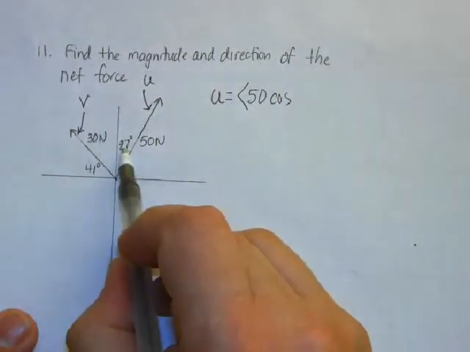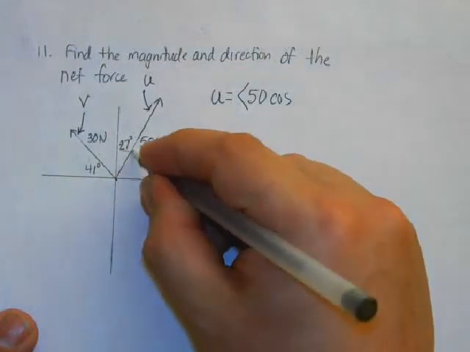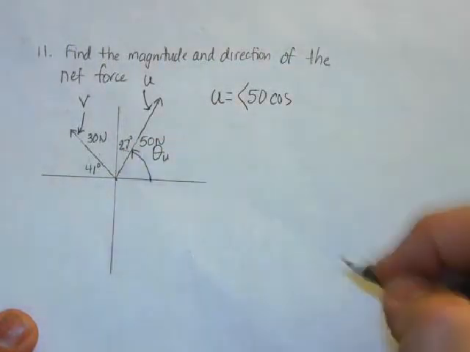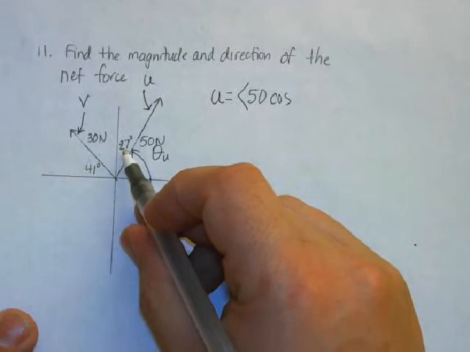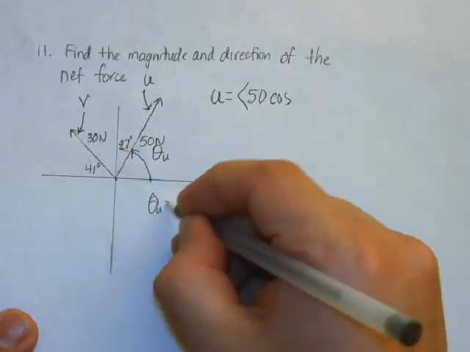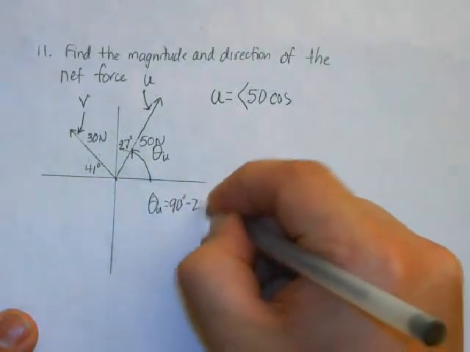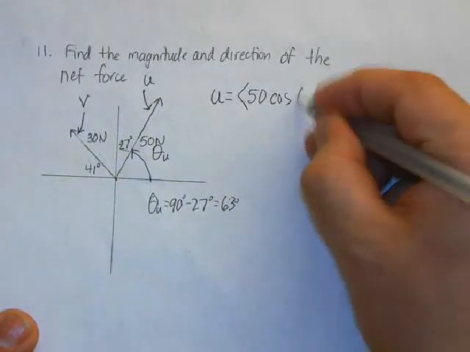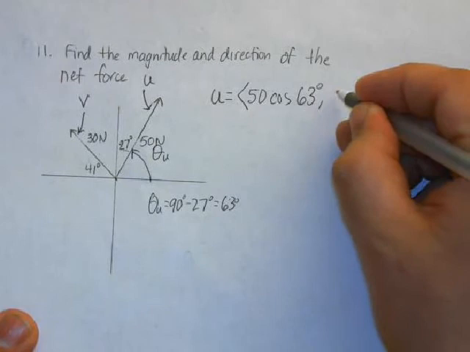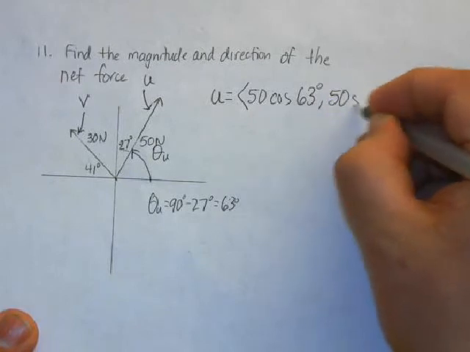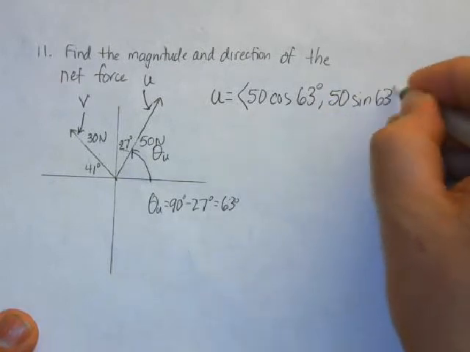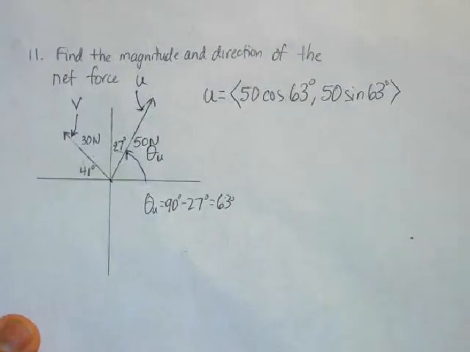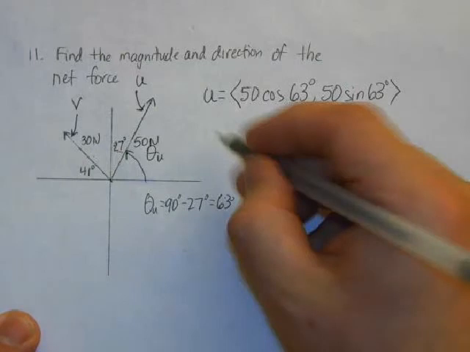Well, we see this 27 degrees here, but the direction angle for u isn't 27. It's going to be 90 minus 27, or 63 degrees. So that's the component form for vector u.